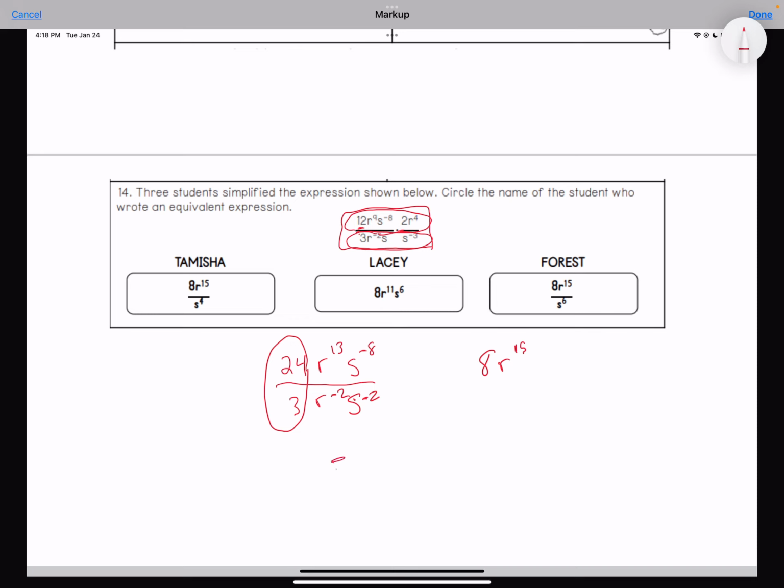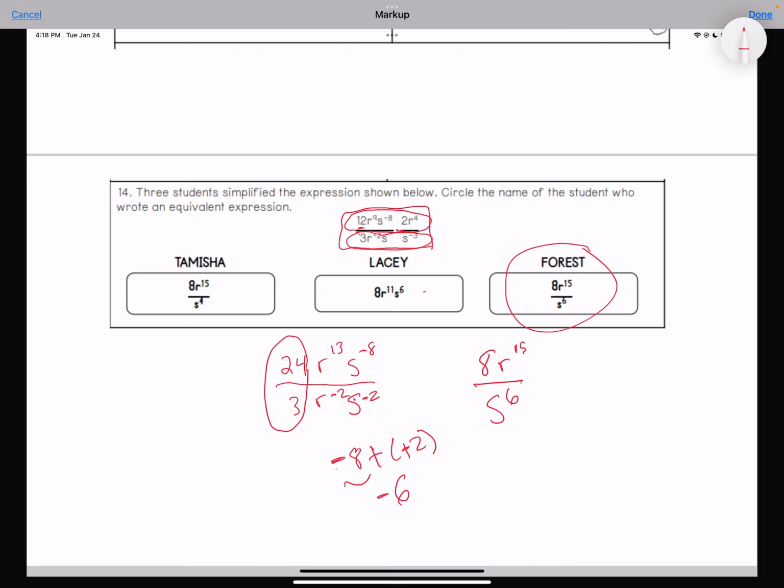So we're going to subtract negative 8 minus negative 2. Keep, change, opposite. That's going to be negative 6. So I'm left with s to the 6th, and because this is negative 6, that's why we put it on the bottom. So that's why it is Forest, but not Lacey, because negative 8 plus 2 is negative 6.